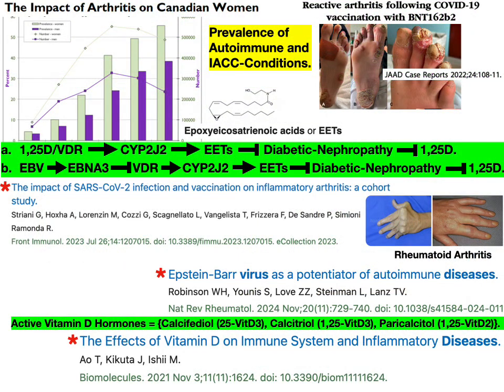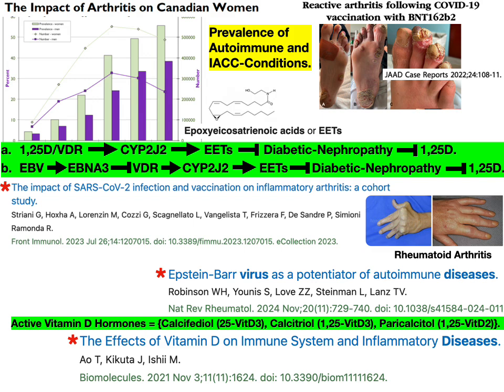Let us now take the concepts of the previous slide and relate them to the prevalence of autoimmune and IACC conditions. In the next few slides, we will review the prevalence of autoimmune and IACC conditions and relate their treatment to these newly recognized pathways which promote the suppression of inflammatory states and tissue healing.